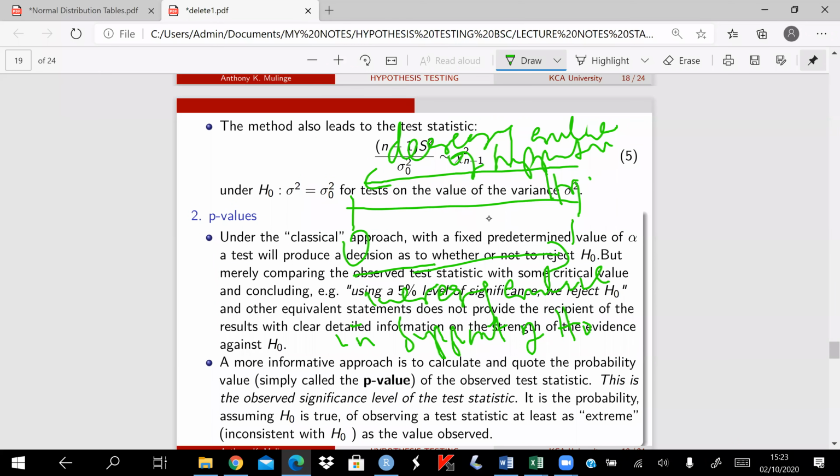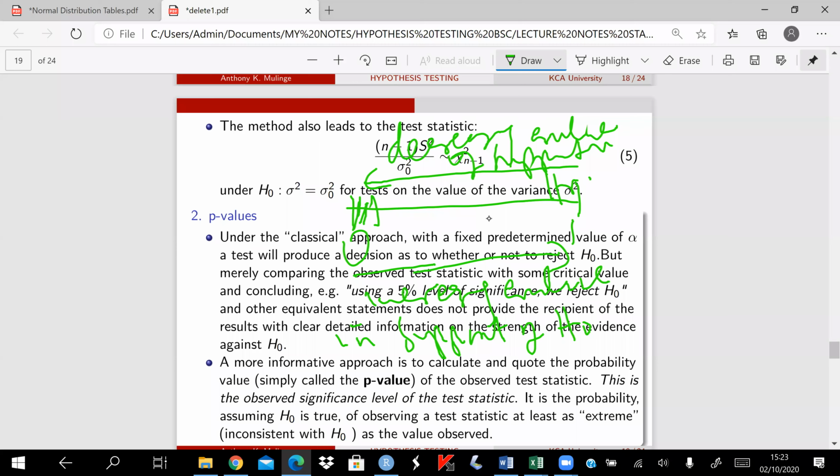So it means that when the probability value is very low, very close to 0, you have very small evidence to support the null hypothesis. And when there is very small evidence, it means that you are going to reject the null hypothesis. If you have no evidence to support your null hypothesis, it means that you're going to reject it.